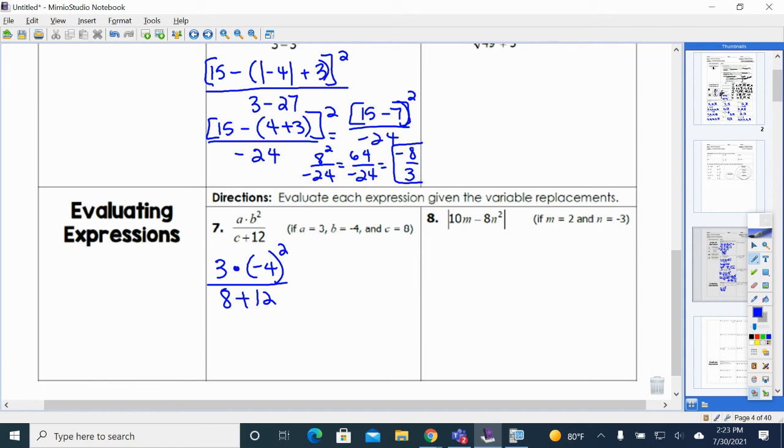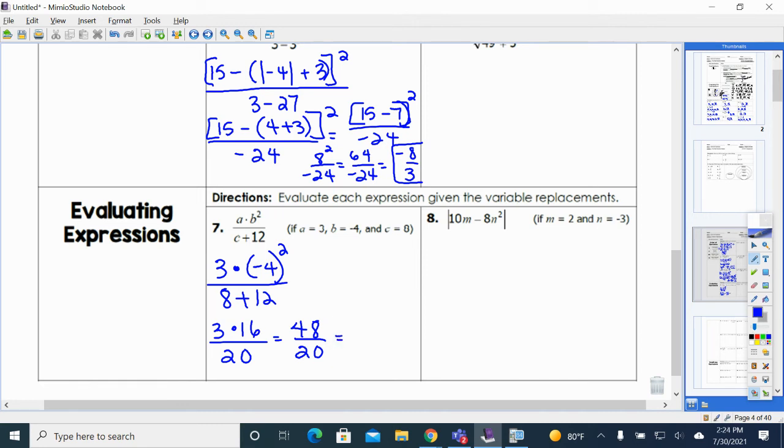The numerator, I'm going to square the -4. -4 times -4 is positive 16. In the denominator, 8 plus 12 is 20. And then I want to take care of the 3 times 16. 3 times 16 is 48. This does not divide evenly. So again, I would encourage you, use your calculator, put it in so that you can reduce it.